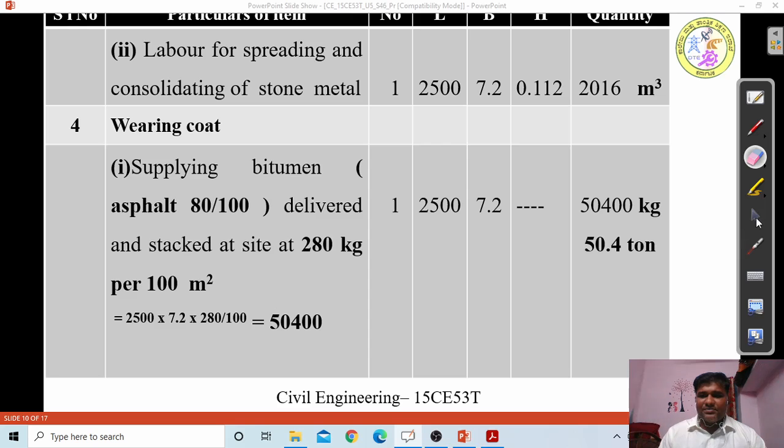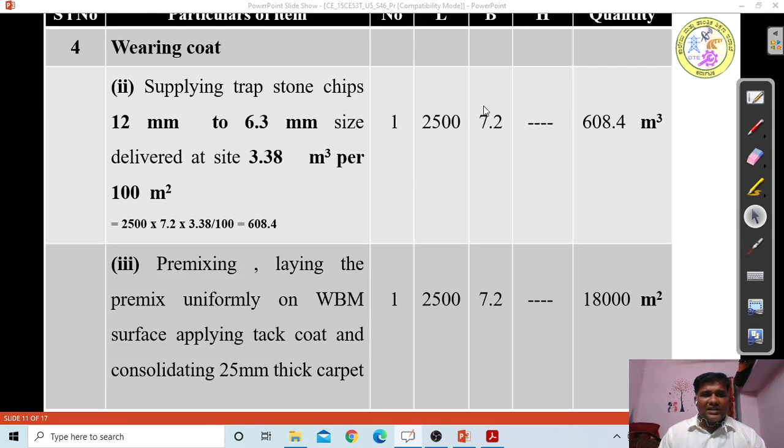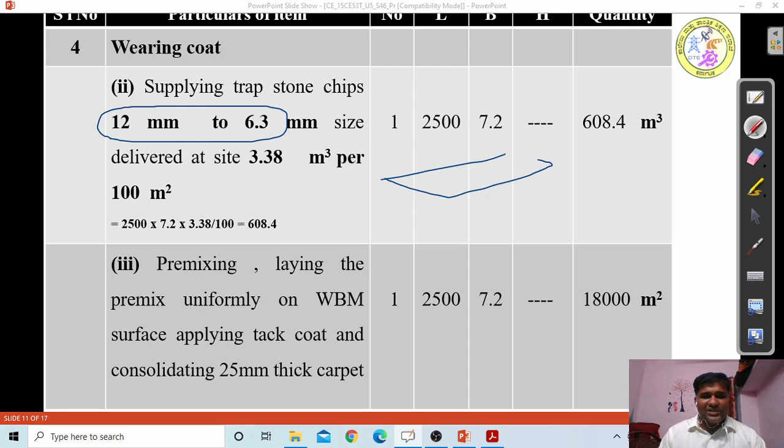So after this bitumen, then stone chips. Stone chips are nothing but stone aggregates or coarse aggregates of size 6.3 mm to 12 mm, which will be delivered at site and applied to the road mixed with bitumen at a rate of 3.38 meter cube per 100 square meters.